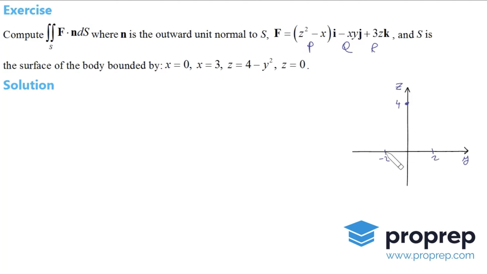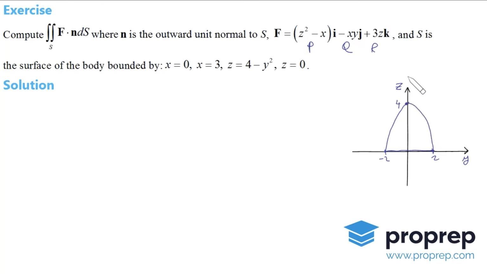And so the parabola looks like this, something like this. But because it's bounded below by z equals 0, it doesn't continue on. It closes here. So this is what it looks like in the zy plane.